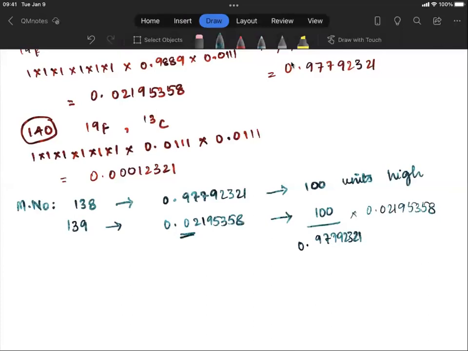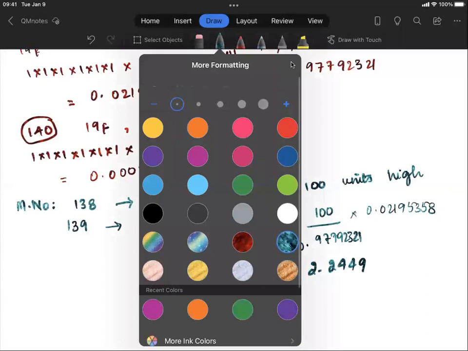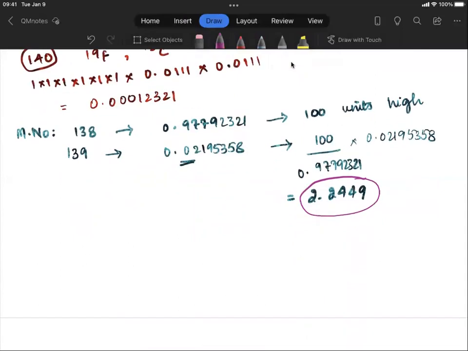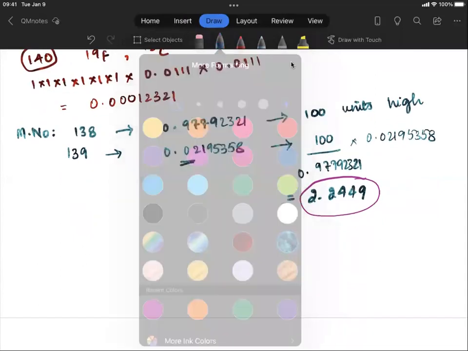It's a simple unitary method, and if we compute this value, this is going to give a height of 2.2449. So this is the height when you have a mass of 139 units.